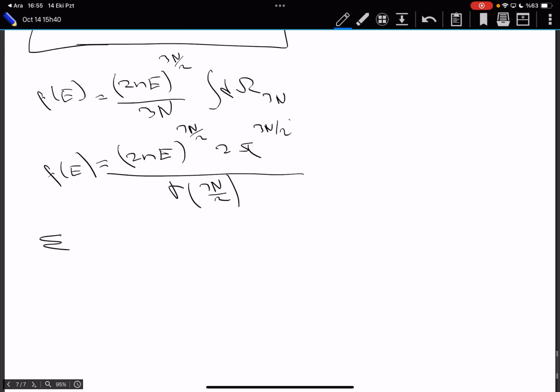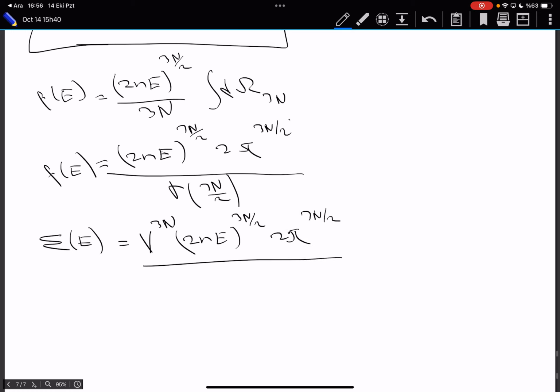So sigma E, this is the volume occupied by all the microstates having energy less than E, is now V to the power 3n, 2mE to the power 3n over 2, twice pi to the power 3n over 2 divided by gamma 3n over 2.